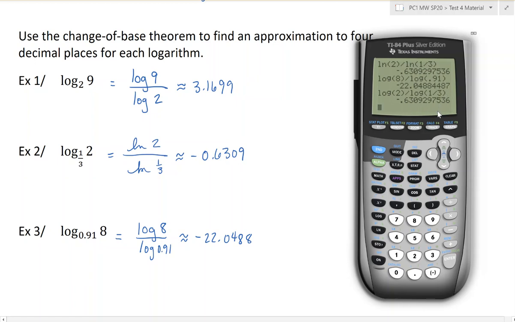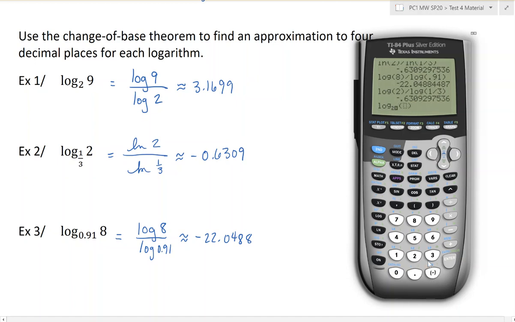And on the TI-84 calculators and some other calculators, you also have log base. So you can go here to your math button, and under that math menu, scroll up so that you're going up from the bottom of the list because it's there towards the bottom of the list. You could do log base and it will give you this template.